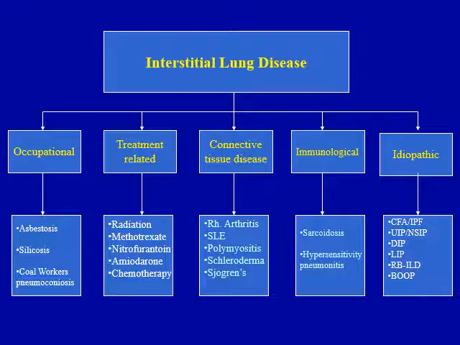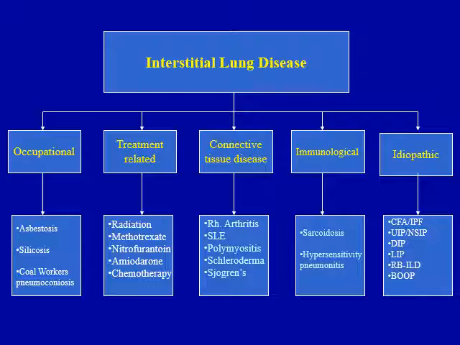Or there is a group of diseases called connective tissue disease or collagen vascular disease. It is a multisystemic disease, mainly affecting the joints, but it can also cause pulmonary fibrosis. The commonest one is rheumatoid arthritis. The others could be SLE, systemic lupus erythematosus, polymyositis, scleroderma, and Sjögren syndrome. Immunological causes, mainly sarcoidosis and hypersensitivity pneumonitis.